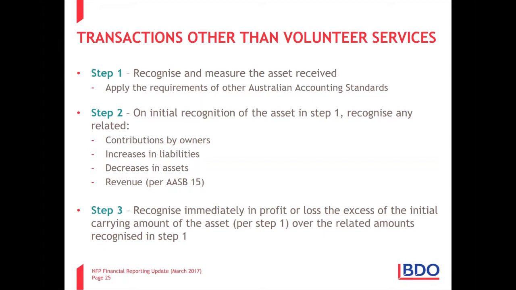Then in step 2, on initial recognition of that asset, you think, what do I have to credit here? And you go through a process. Is it a contribution by an owner, perhaps? So if an owner of the entity gives me an asset, I would say debit asset, credit capital contributed.